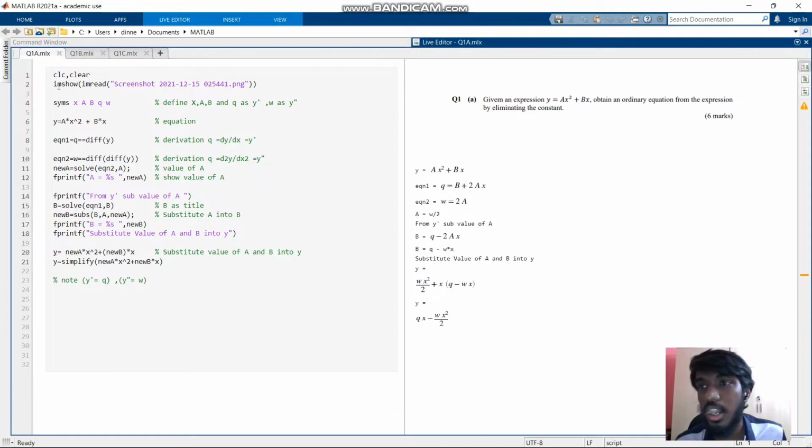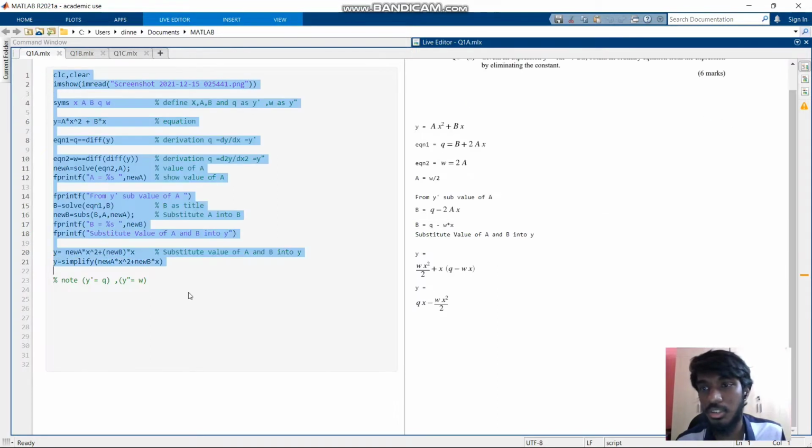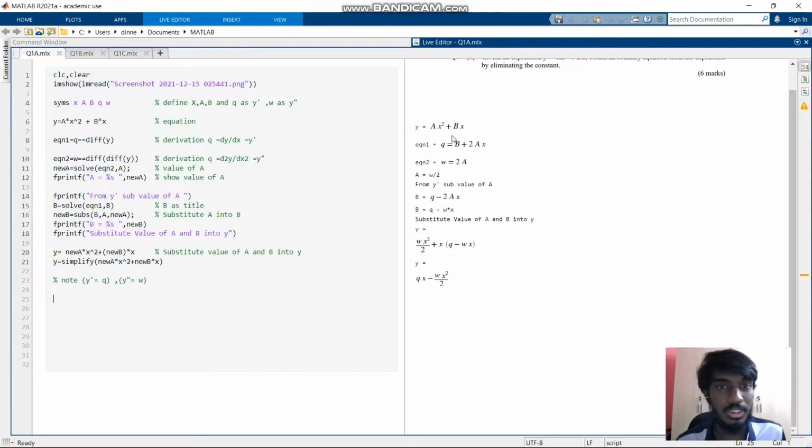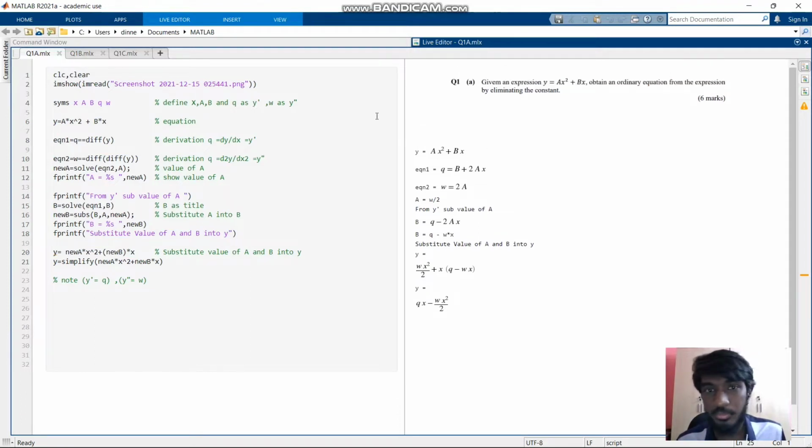Here I use this code to obtain the result. As we can see, this is equation 1 and equation 2. The q is represented as y prime and the w is represented as y double prime, because in MATLAB I can't put y prime, as it is read as a different value and never read as an unknown.